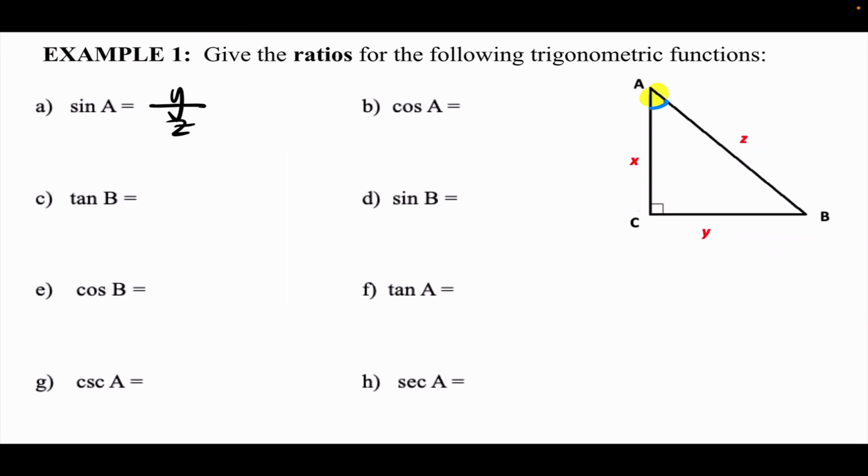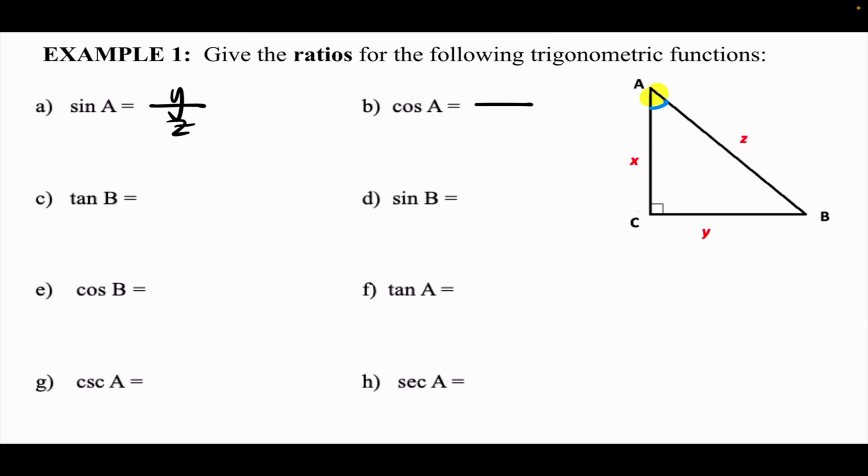All right. Next one. So that's the ratio. It's the fraction. Okay. So now cosine of A. I'm still at A, but I'm not looking for opposite over hypotenuse anymore. I'm looking for adjacent over hypotenuse. Okay, so if I'm at A, what side is adjacent to A?